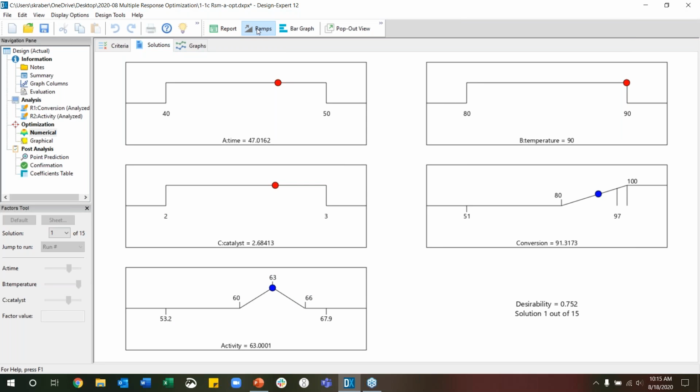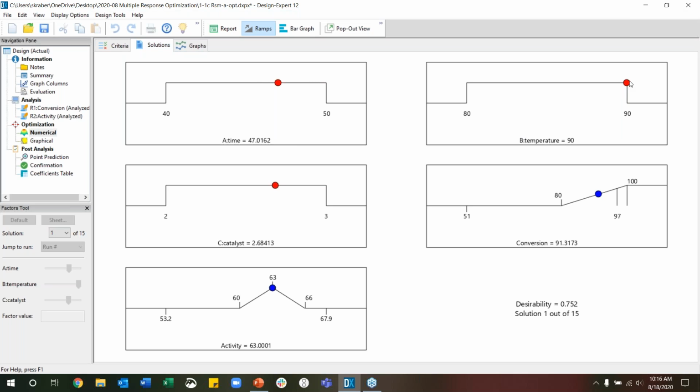The default view is the ramps view. And the ramp looks at each solution one at a time and gives you kind of a picture view. So I can see that for this first solution, my time is set just to the right of the midpoint of time at 47 minutes.